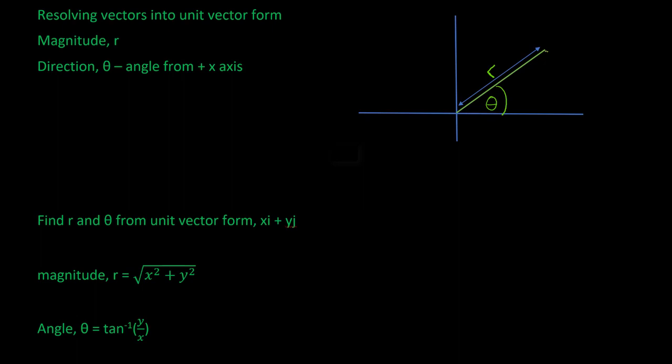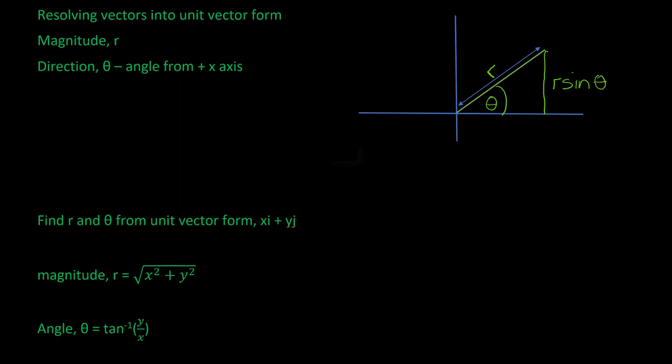Drop in a line here. What we can see is this is opposite that. So we've got the opposite and we've got the hypotenuse, and so this one would be r sine theta.